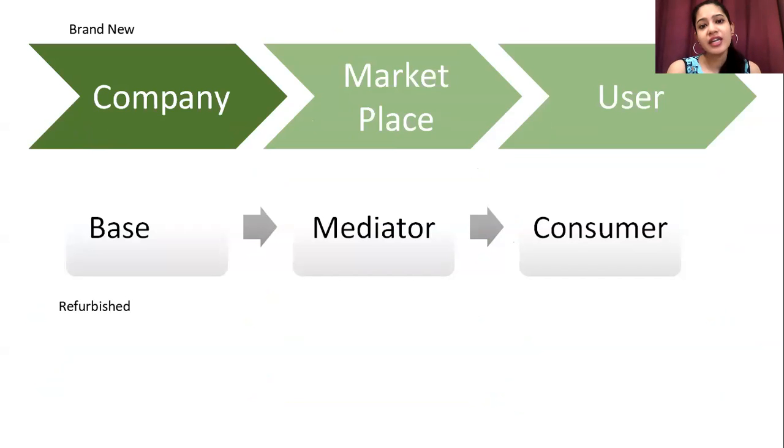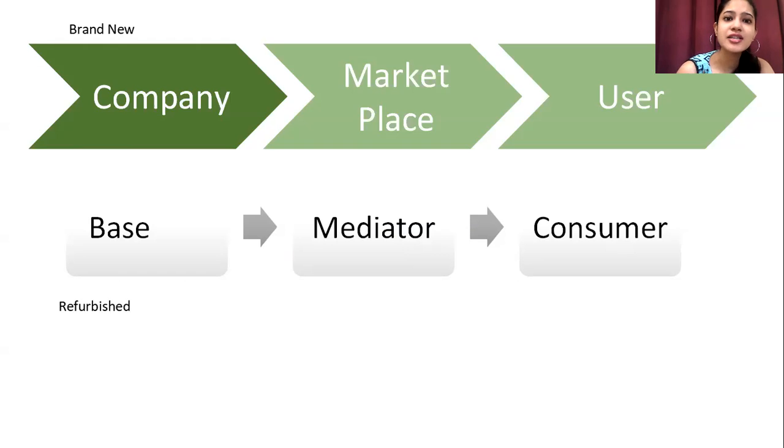Then comes the mediator, which is the place where the base and the consumer meet, and the consumers are we, the users. In brand new, the base is the company, because the company is the one which launches a gadget for the very first time.